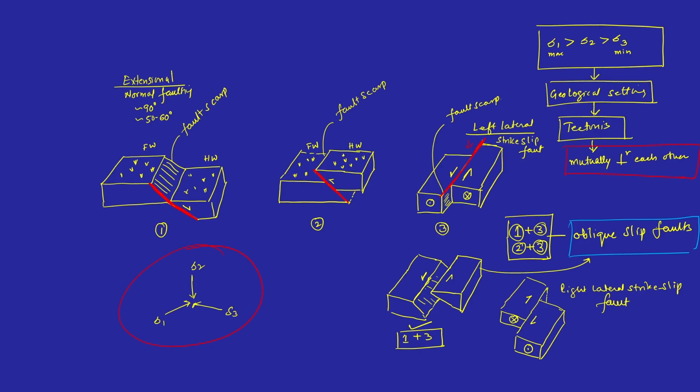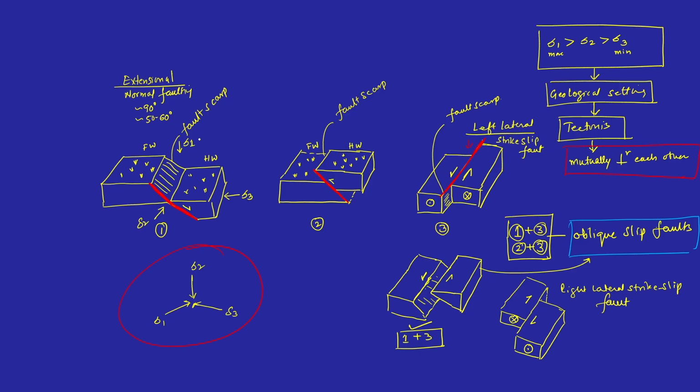Let us see for the normal faulting environment, or we can say this as an extensional tectonic environment. So in this case, what we will have is the least stress perpendicular to the plane. Okay, that is your sigma 3, and then along the plane you will have sigma 2, and vertically, because the block is moving down, we say this is sigma 1.